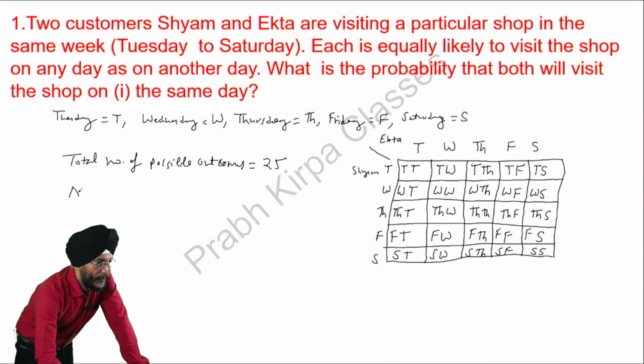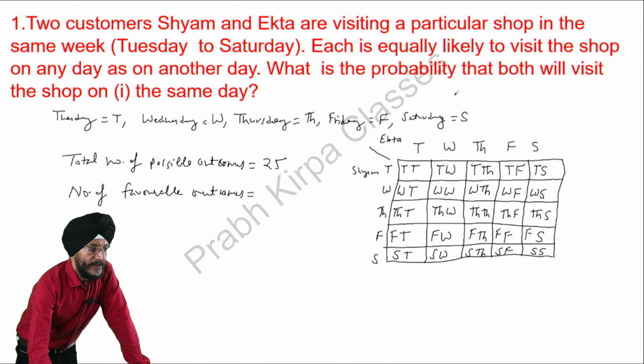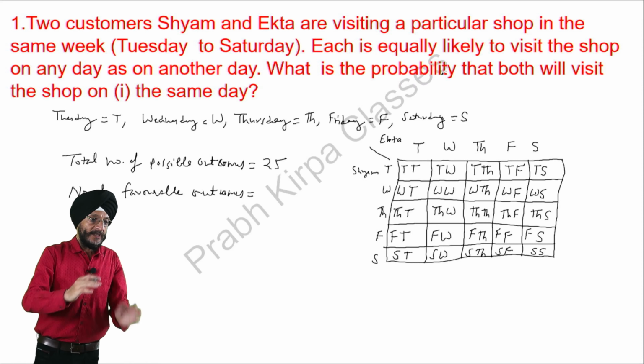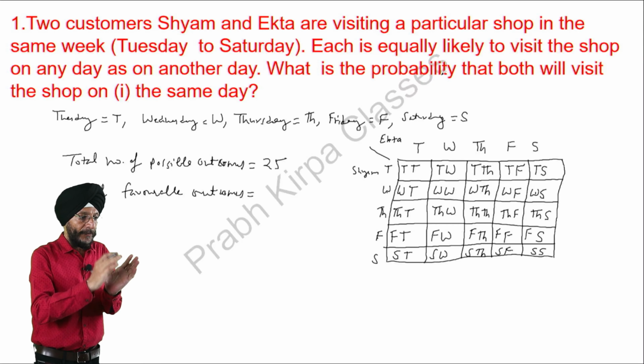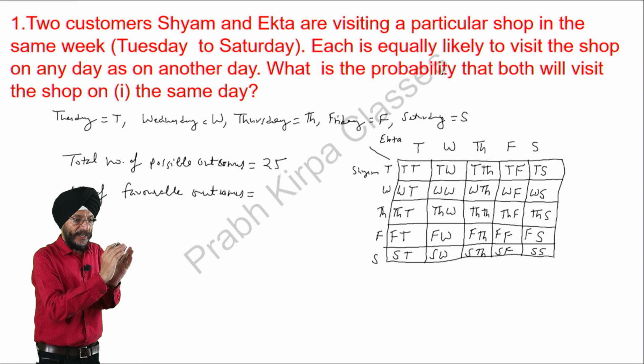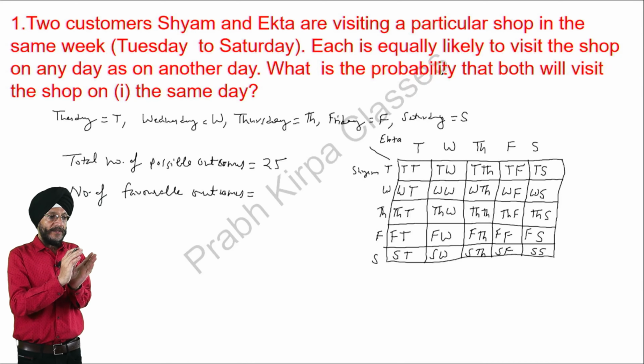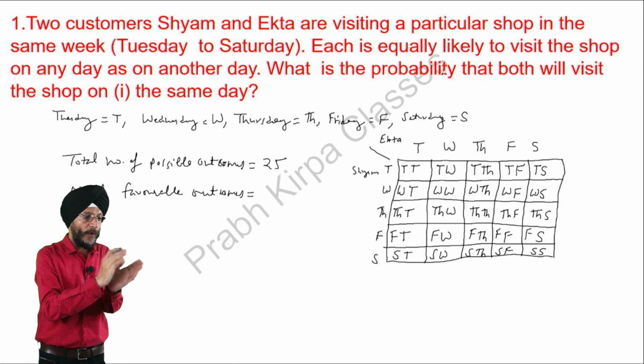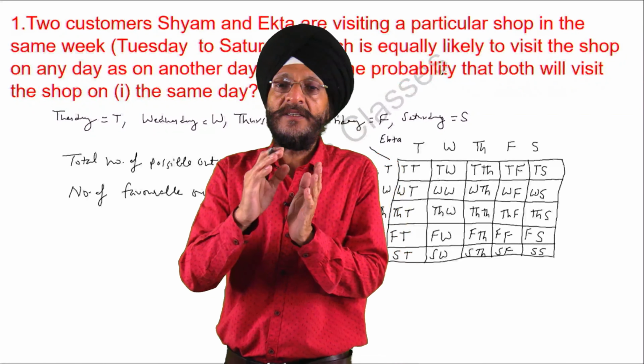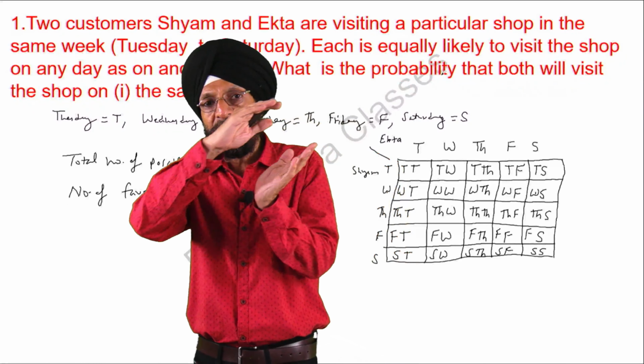So now the number of favorable outcomes. Number of favorable outcomes means the number of days which are the same in respect of the visiting of Shyam and Ekta on a particular day in the said week.